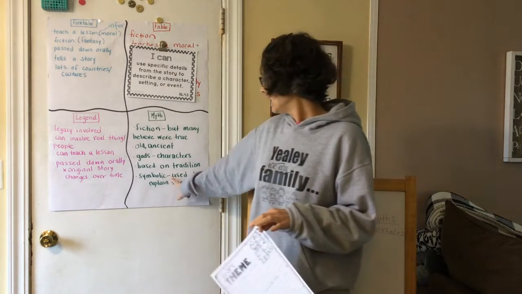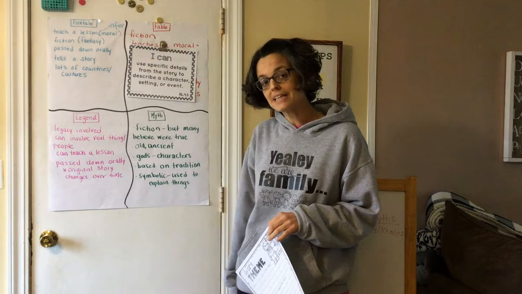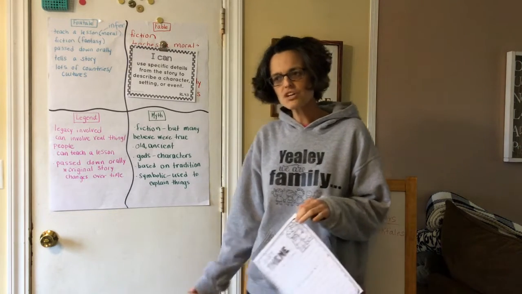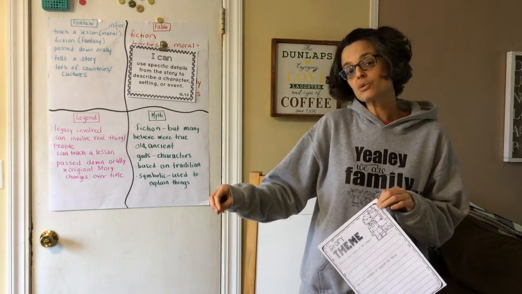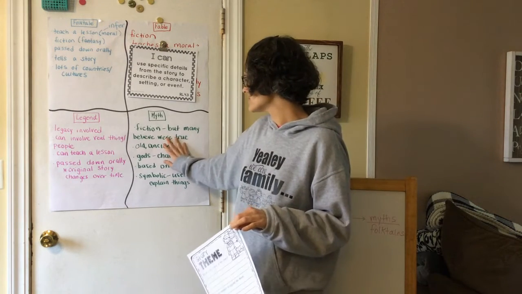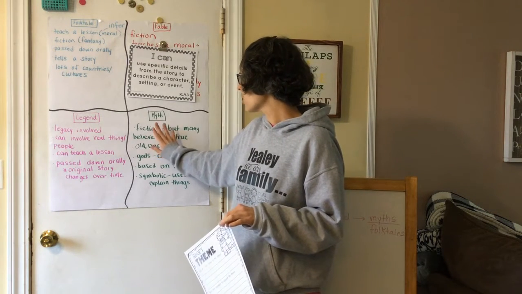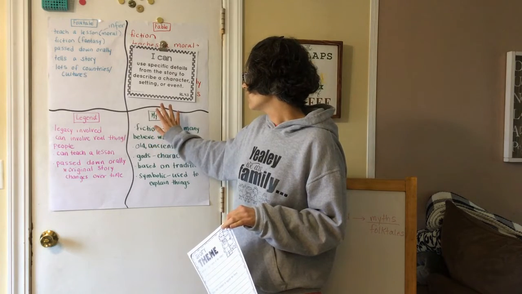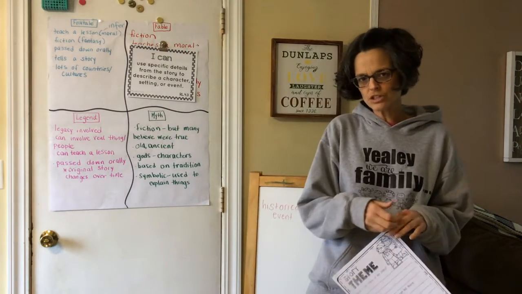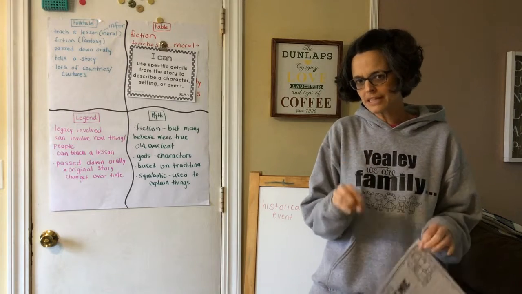A lot of times myths explain things in such a way that it's symbolic, so something you read in the story might represent something else. One difference is that myths are not exactly meant to teach a lesson, although lessons can be learned, but it's more to explain something.